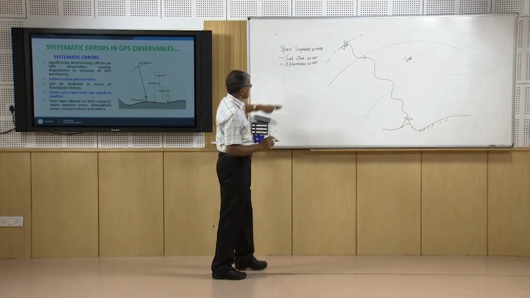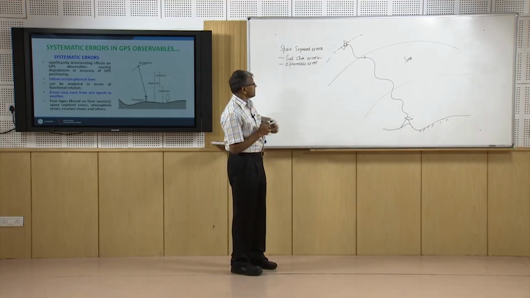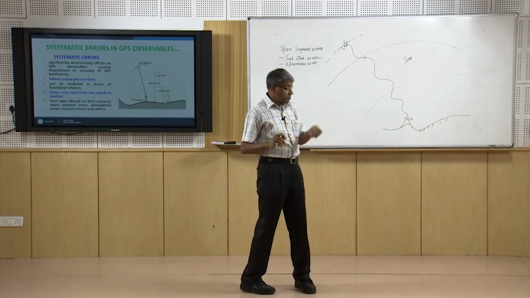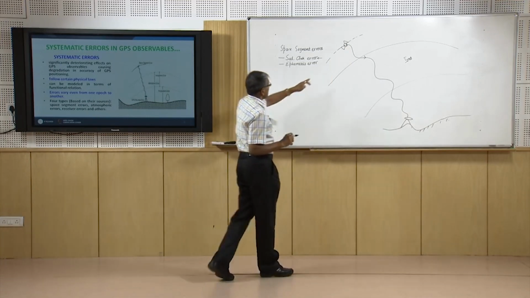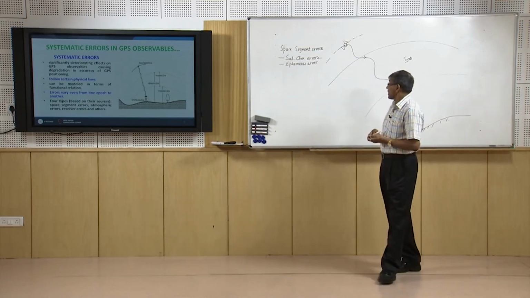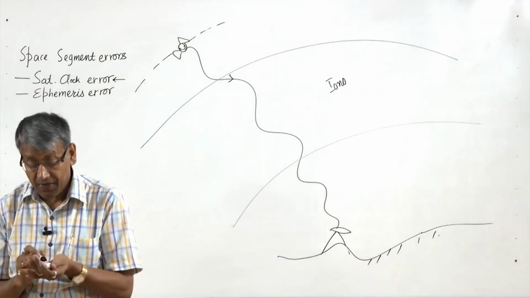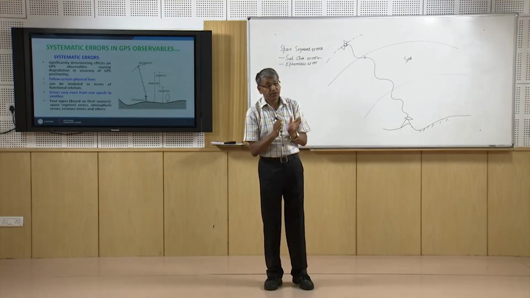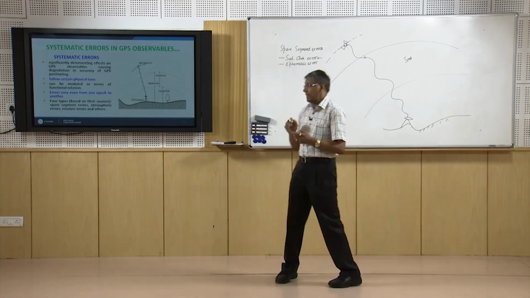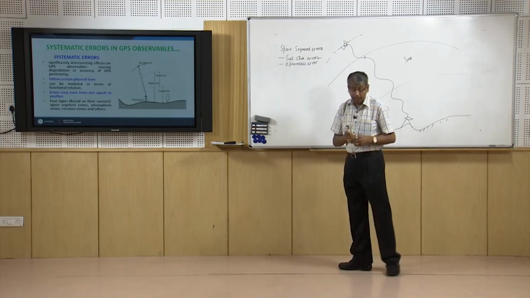Satellite clock error, as the name itself suggests, is the error related with the clock of the satellite. Any GPS satellite makes use of some atomic standard, and there may be a lack of synchronization of the atomic standard with the GPS system time, and that is what is called satellite clock error.